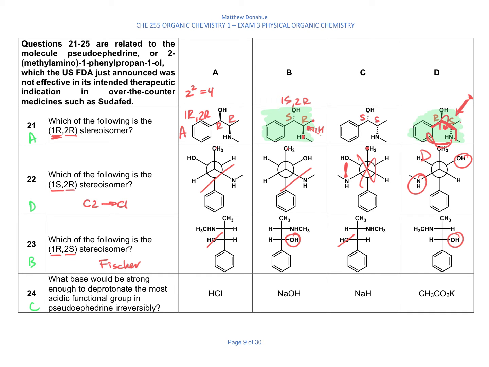Now when we do that rotation, that amine group in the zigzag is opposite the hydroxyl, but when we do the rotation, the amine group should be on the same side as the hydroxyl. And so that's going to be B here, and we see in D it's opposite, so that can't be right.